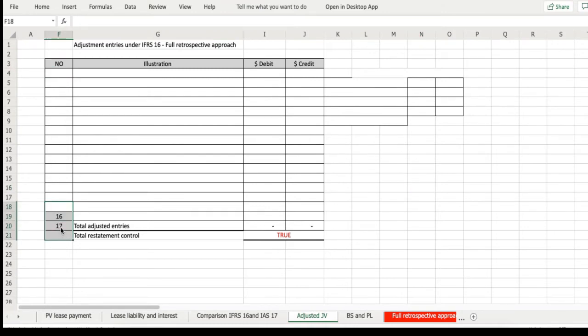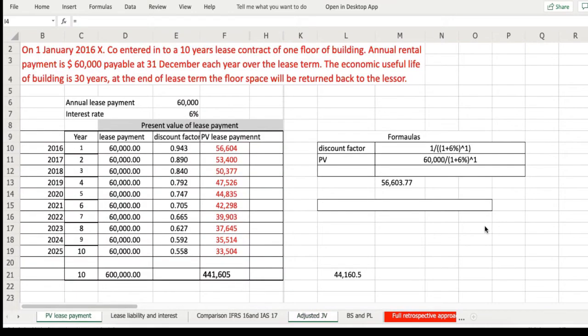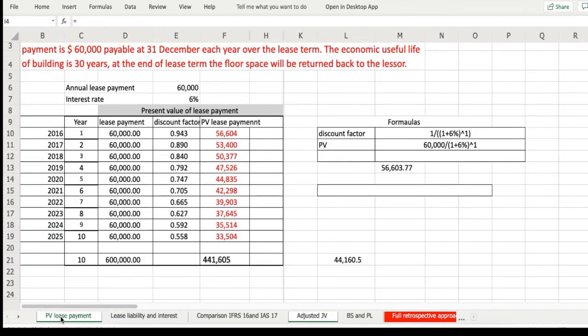So we have the number column here, and we have the illustration, and we have debit and credit. The first entry would be the right of use asset. How much is it?